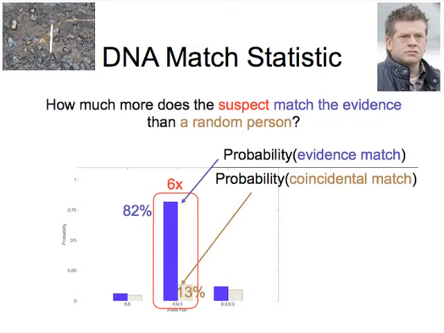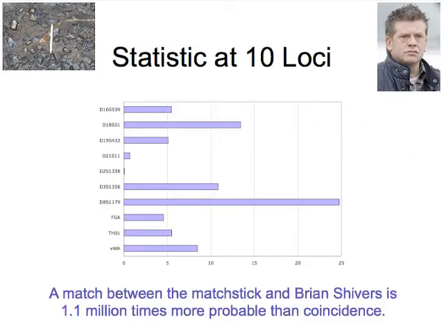And that ratio is the probability of an evidence match, 82%, divided by the probability of a coincidental match, 13%. And at this one locus, you have a number of 6. Now we're looking at 10 loci.